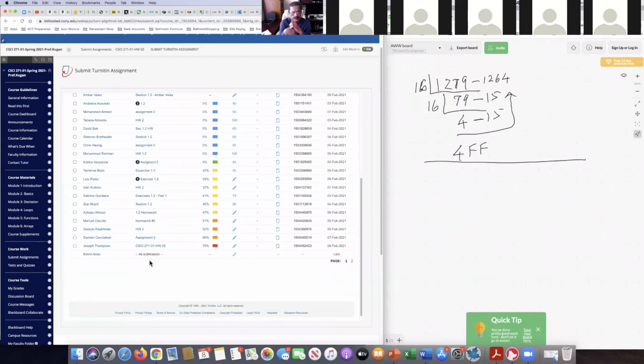When it doesn't go through the submission process, it attaches it as a document, and I will be able to download and see it. But the only problem is I won't be able to write any feedback on it. So if it doesn't go through, then you have to keep trying. And if it is completely failing to go through, then typing is the best way. If you type the answers, you only have to type brief answers. You don't have to type a whole thing.